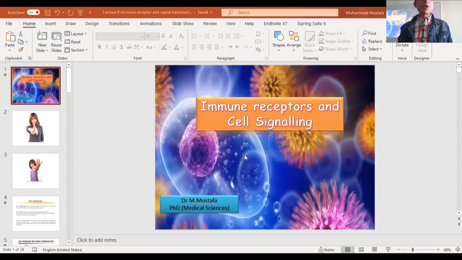Or any other cell signaling pathway which you might recall. MAP kinase is a cell signaling pathway. Well done. Someone online is trying to answer through the chat.